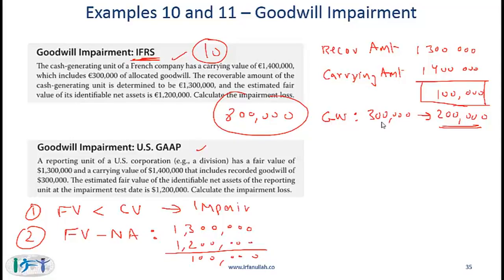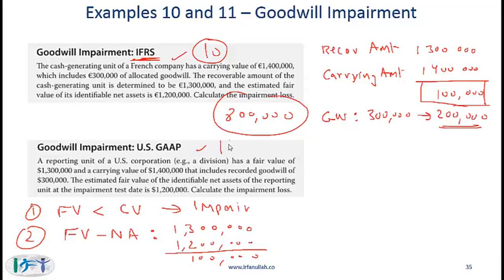And in addition, we would have a further loss of 300,000. So the total impairment would be 600,000. That 600,000 would reduce goodwill, and then the rest would be allocated to the cash generating units. So the cash generating units would also be written down.